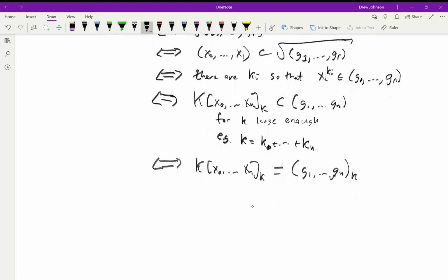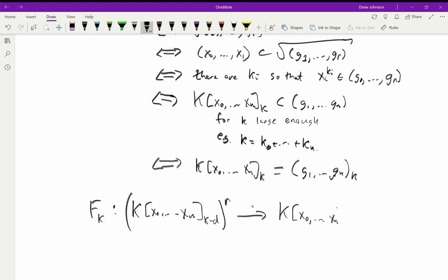All right, so now let's look at the following map. We're going to define a map called capital F subscript k that takes k[x0 through xn] sub k minus d, we can assume k is greater than d, r copies of that, and then maps into k[x0 through xn] degree k things. What does it do?